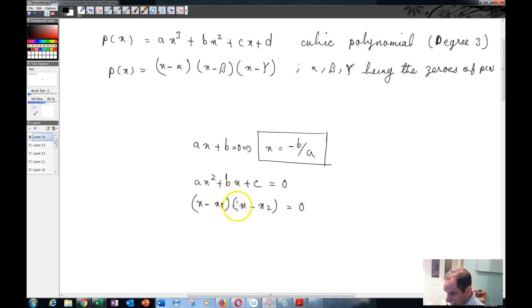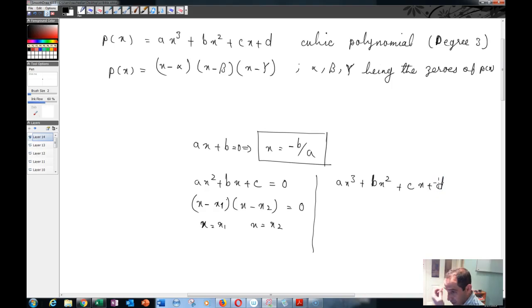Based on that you can find x1, and here x is equal to x1, and here x is equal to x2, for example.